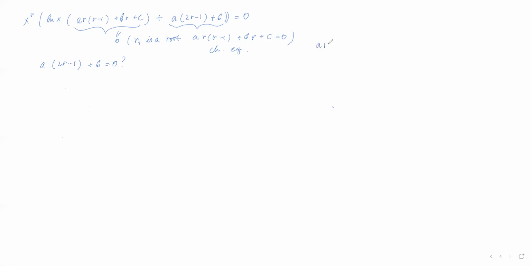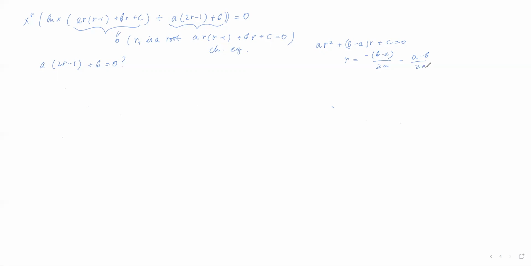That's going to be a r squared plus (b minus a) r plus c equals to 0. If you do have just one root, then r equals minus (b minus a) over 2a, right? Which is (a minus b), I'm turning this minus in front, over 2a. So that's a root.